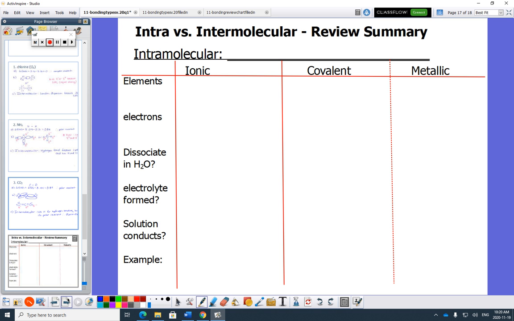So intramolecular, if you want to remind yourself, it's between atoms. ANA, if you are so inclined to have a little trick. Ionic has a metal and a non-metal. Covalent is non-metal.